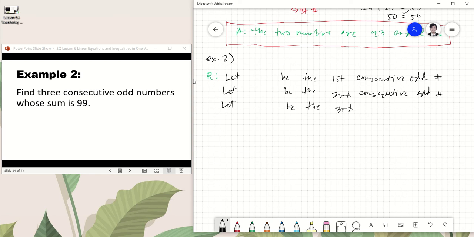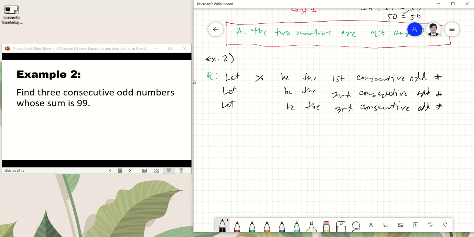Then let blank be the third consecutive odd number. So, yung first natin na odd number, okay, we will automatically represent that with x.